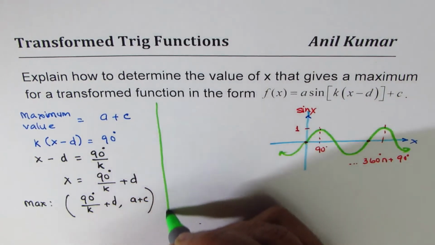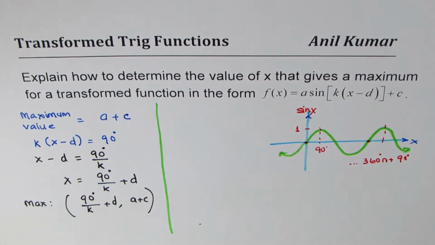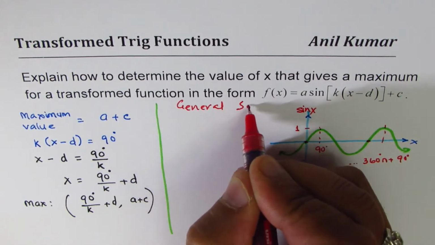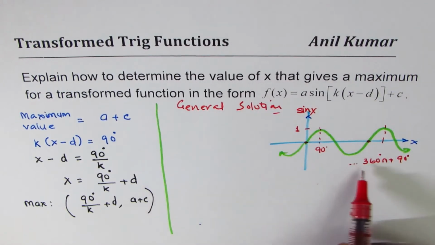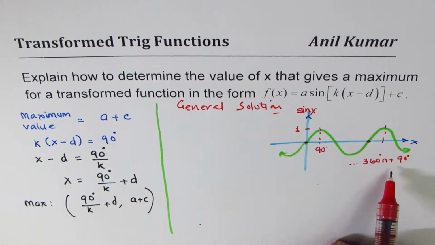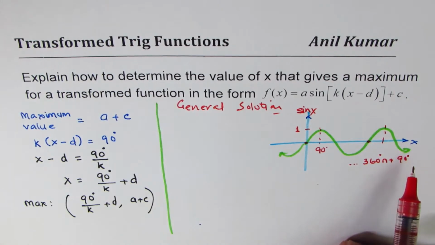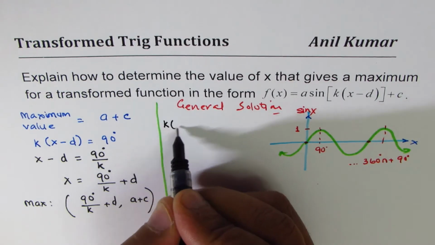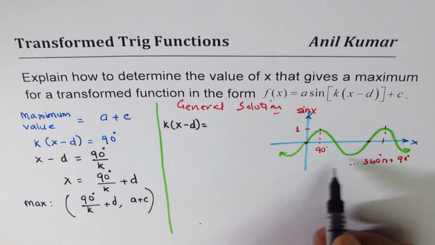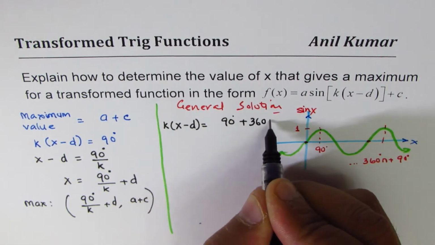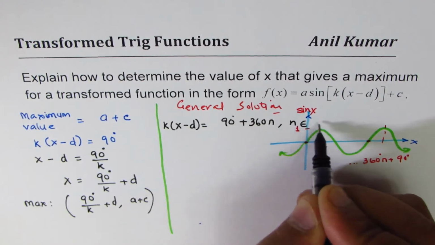Now at times, we could also ask you to write down a general solution. As I was saying, the general solution will be to replace 90 degrees by 90 degrees plus 360 degrees times n, where n is an integer. So in that case, you solve the equation k times x minus d equals 90 degrees plus 360n, where n belongs to the integers.